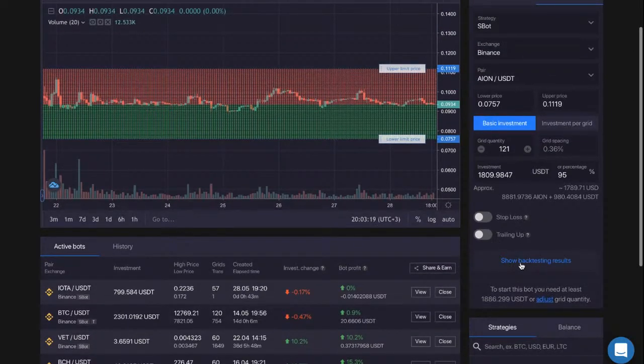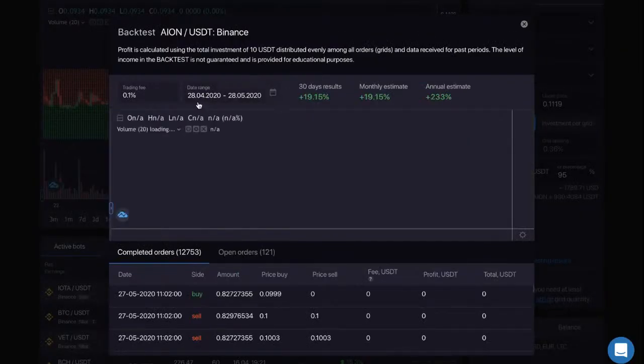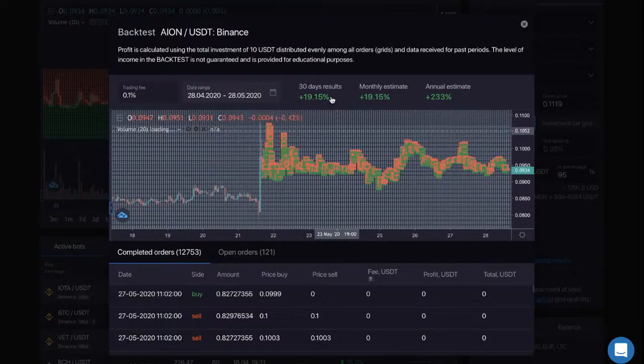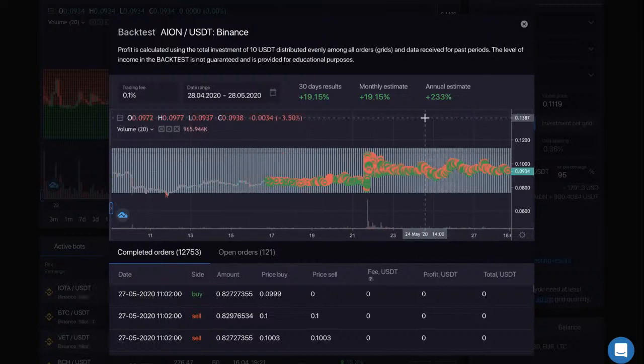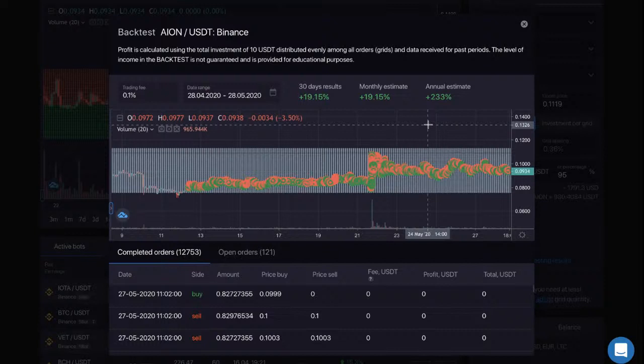Once again, I click on the show backtesting results, and starting from the 28th of April till today, the bot would make 19% in profit for me in USDT once again. So annualized, it would be plus 233%. So that's what we are working on here. We are looking for strategies that would allow you to achieve the highest return on the market.